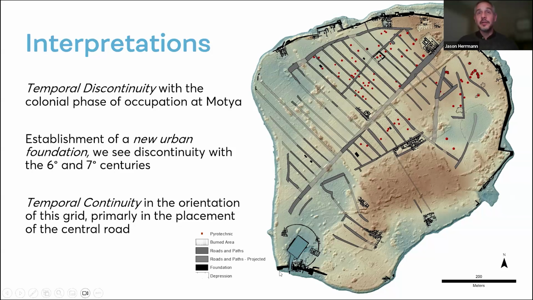This settlement was anchored on a central axis road that connected the Kothon and temples and the Caparazzo. Both of these temples, our colleagues from Rome will argue, are part of the initial settlement at Motya and part of their Canaanite Levantine ancestry, part of their heritage.